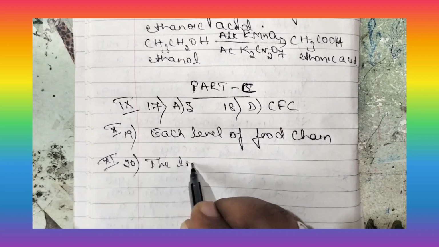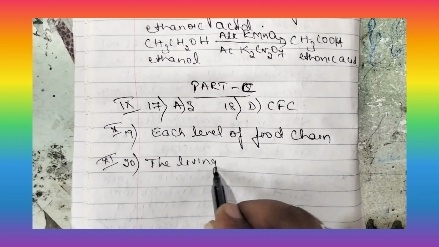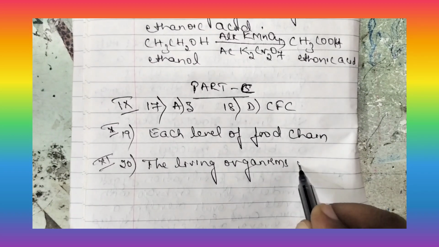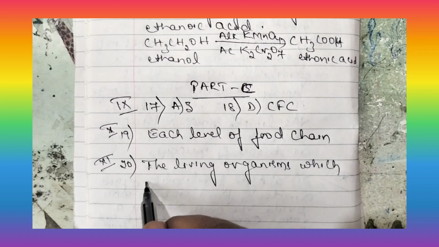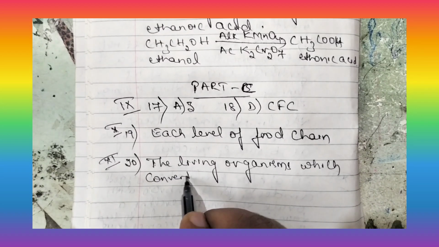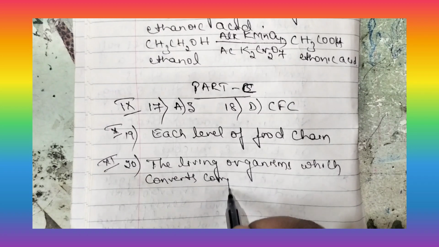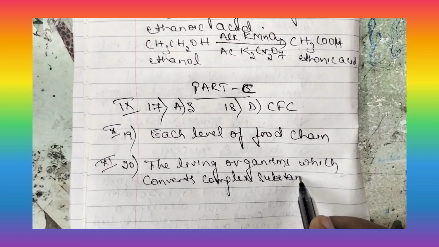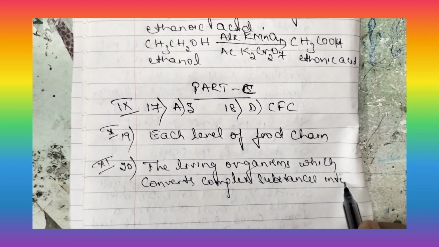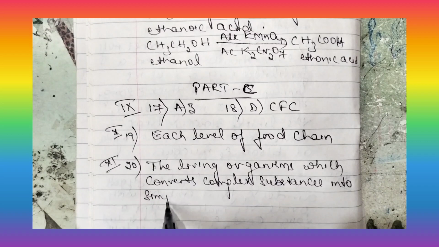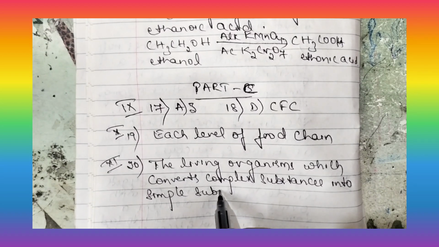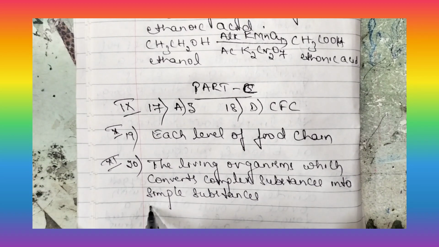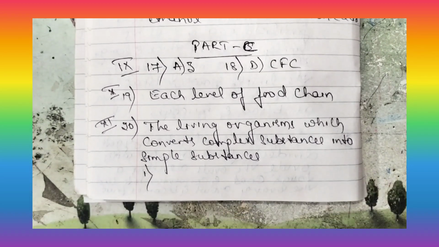The living organisms which convert complex substances into simple substances are called decomposers. Then what are the roles of decomposers in the environment?